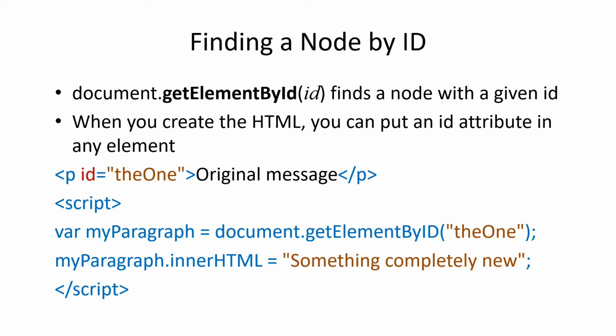So if you specify an ID, then later you can call document.getElementById, passing it the ID name, and that will find the element that you're looking for. And in this case, it sets it to the variable myParagraph. So myParagraph has the node or the element that has the ID this. In other words, the innerHTML of that paragraph would be original message. Down here, we set the innerHTML to something completely new. So now, instead of saying original message on the screen, it will say something completely new.